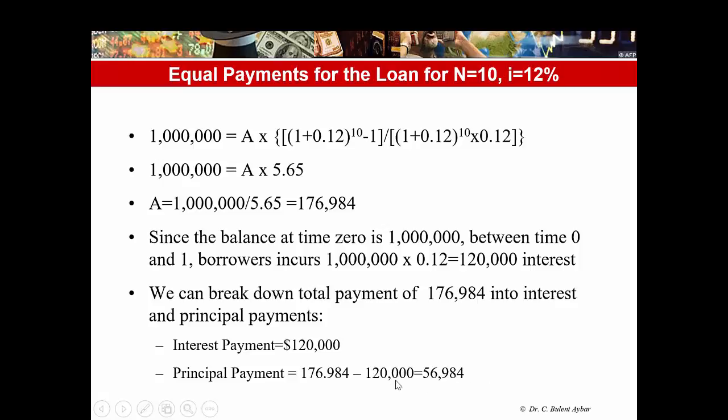So the principal payment in the first payment is $56,984. This means that when we start the second period, the outstanding balance is going to decline by $56,984, and the 12% interest is now going to be charged on that remaining balance.